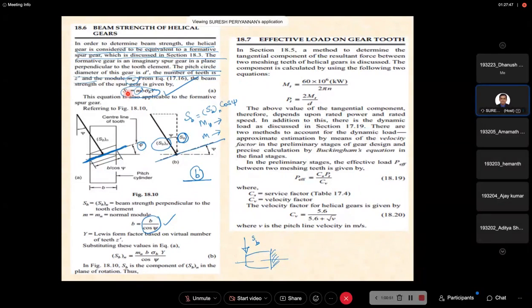Finally, SBN is equal to Mn into b into sigma b into Y by cos psi.